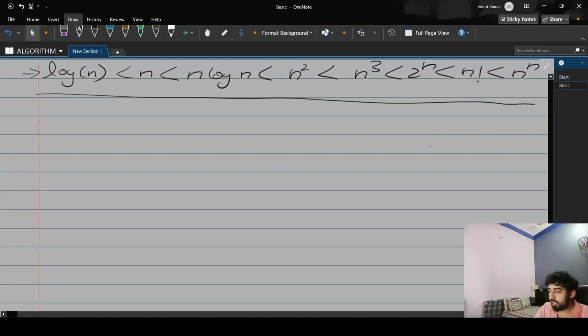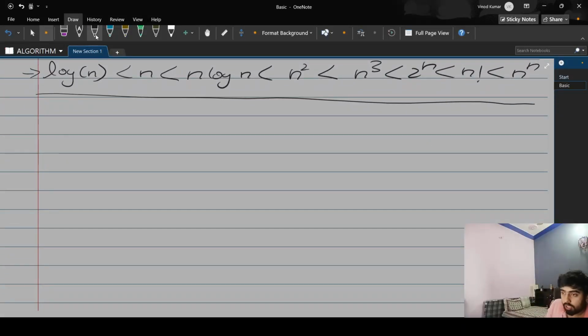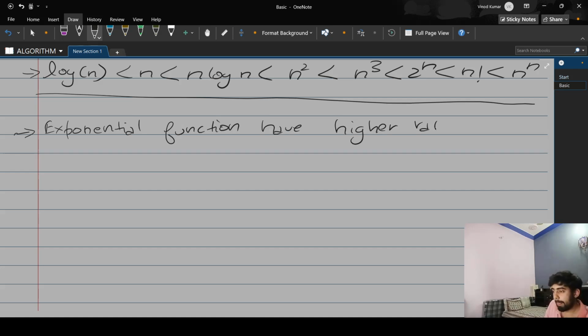You have to remember one thing: exponential functions have a higher rate of growth, which means they take more time.